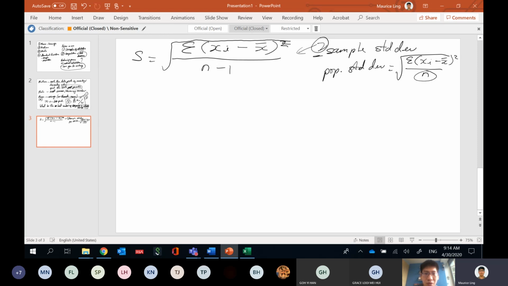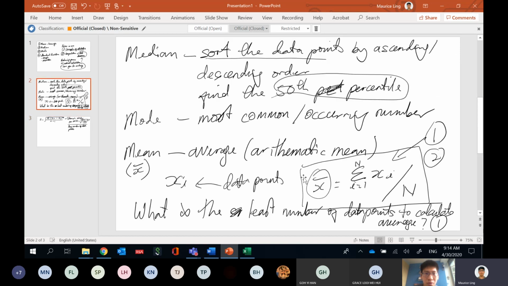For any data, any number of data, okay, so before I go through that, is anyone still confused with what average means? What is average? How to calculate average?